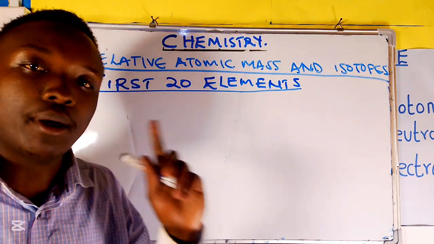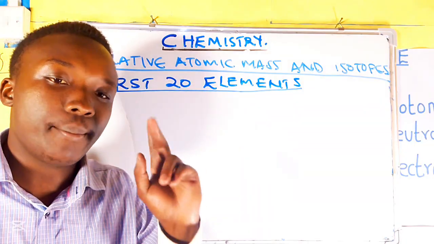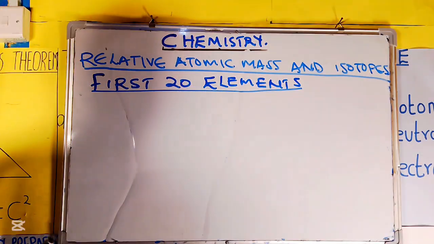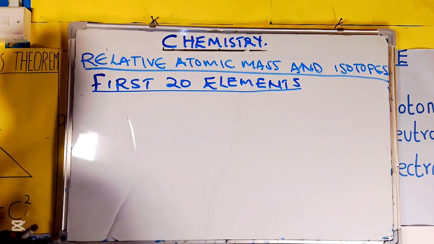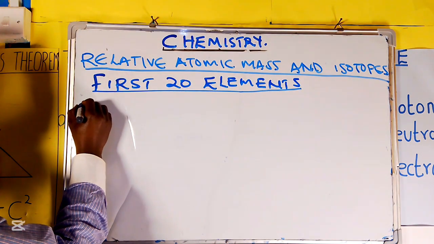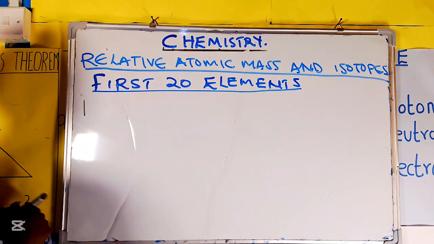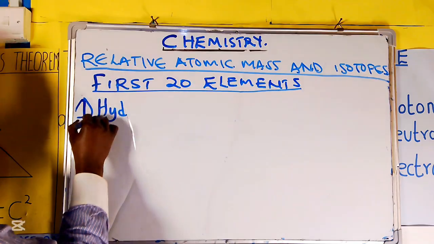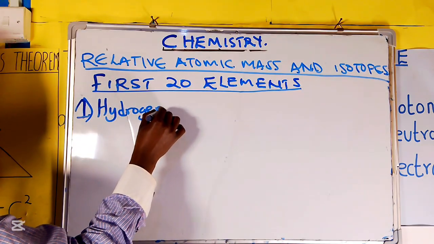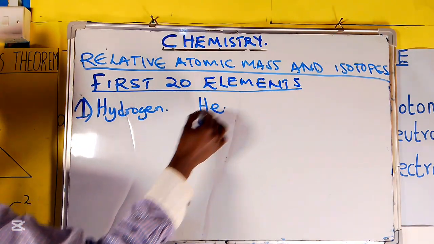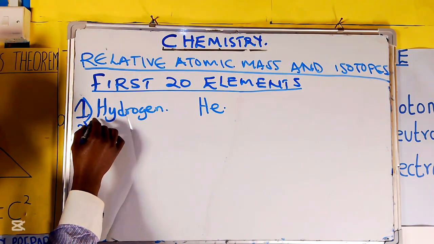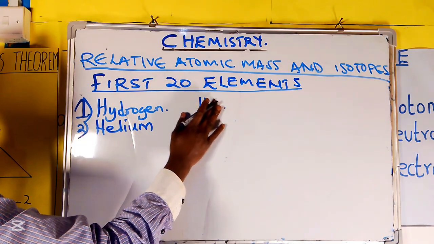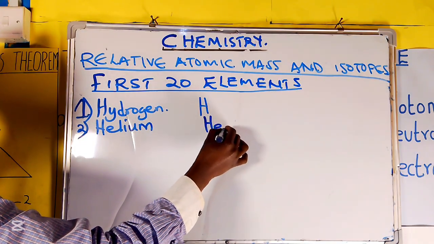Because they begin from number 1 to number 20, in which these numbers represent the number of electrons. So starting with the first one, number 1 we have hydrogen, whose symbol is H. Number 2 we have helium, whose symbol is He.